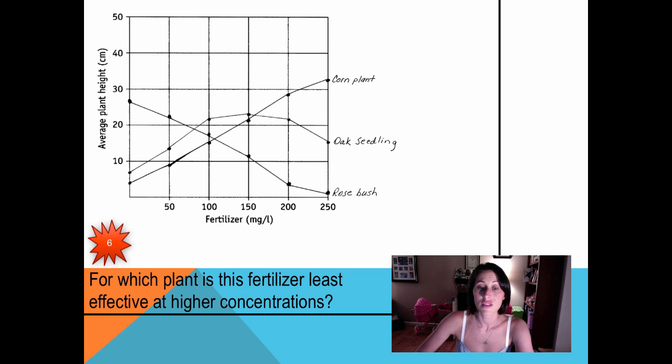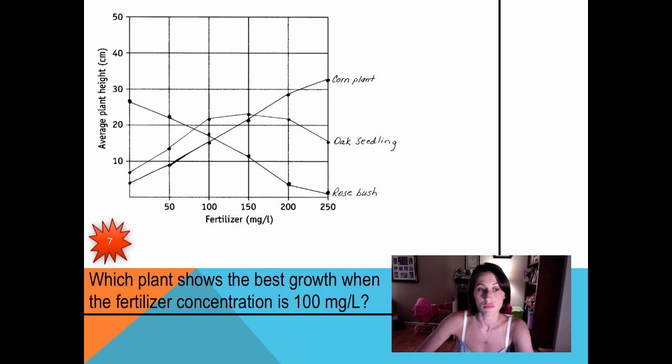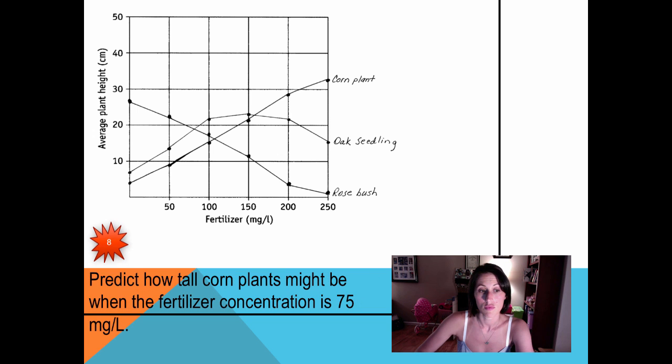For which plant is the fertilizer least effective at higher concentrations? The next one, which plant shows the best growth with the fertilizer concentration at 100 milligrams per liter? Predict how tall corn plants might be when the fertilizer concentration is 75 milligrams per liter.